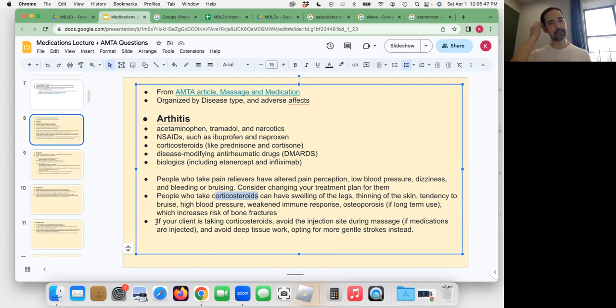And even if that's not something that you have to manage in a clinical context, you do have to know it for the MBLEx, right? They may ask you what you have to make sure you do with someone who has an autoimmune disease or who's taking high amounts of steroids. One of the choices may be to make sure that everything is turned over and cleaned and sanitized before they come in.